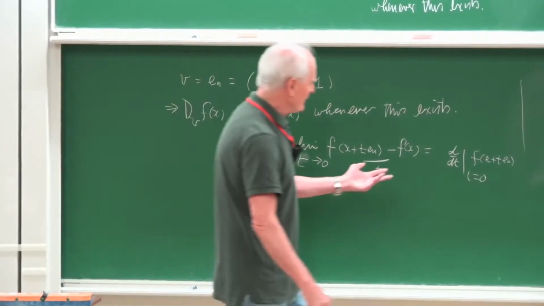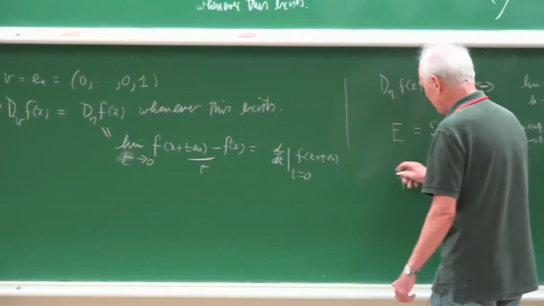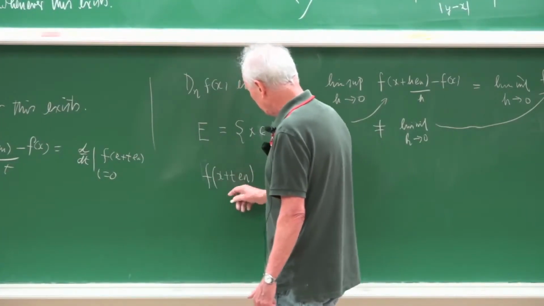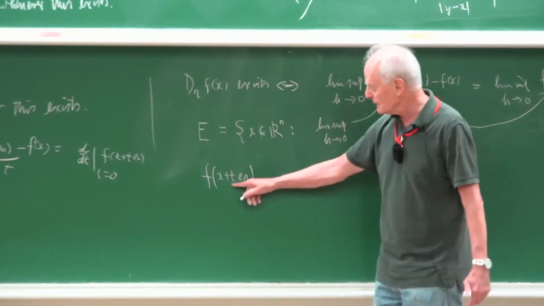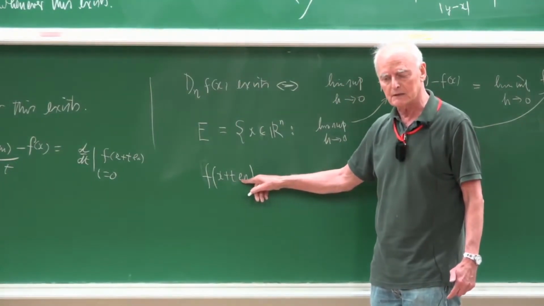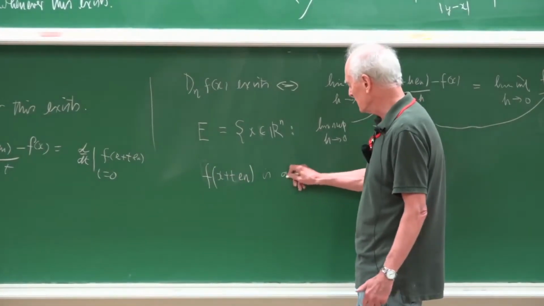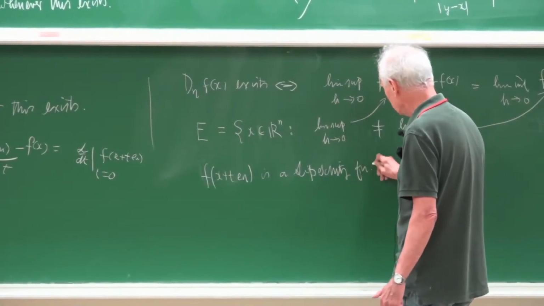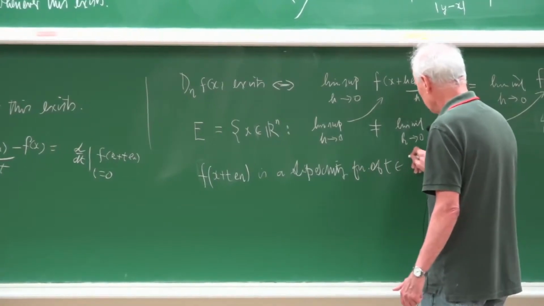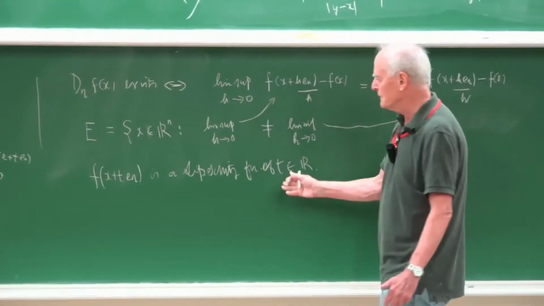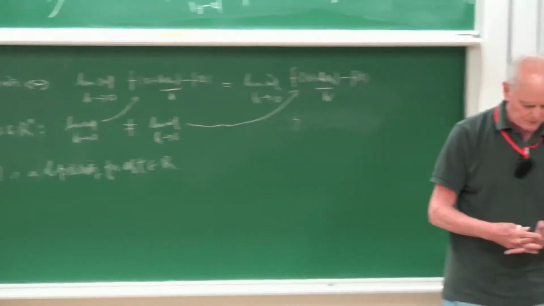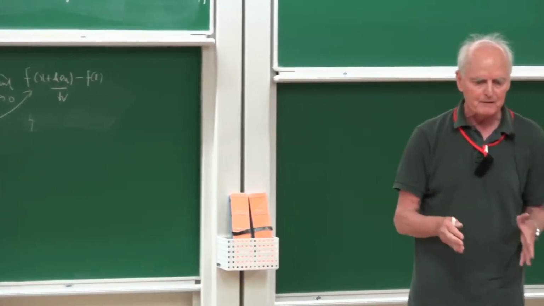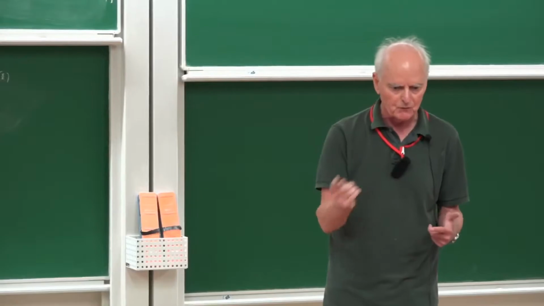So what about that? Well, notice that f(x + t e_n), if you hold x fixed, is a Lipschitz function of t, for t on the real line. And remember, part of your theory, I think you probably had a course or two in analysis, so you know that Lipschitz functions on the real line, one of the properties of them is that they're differentiable almost everywhere, functions of one variable.